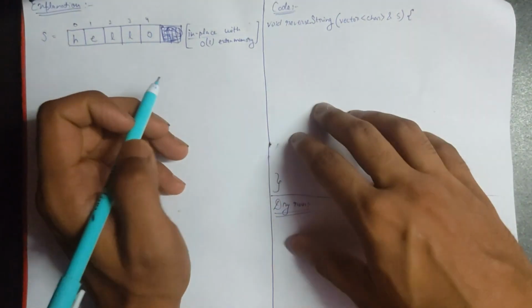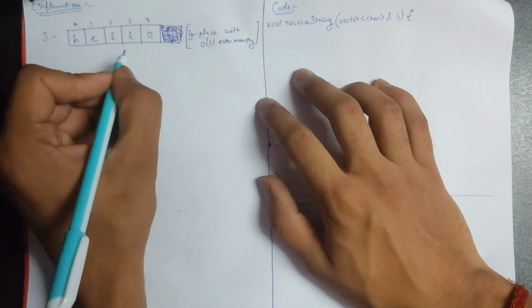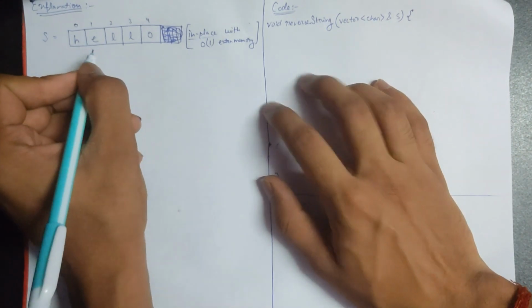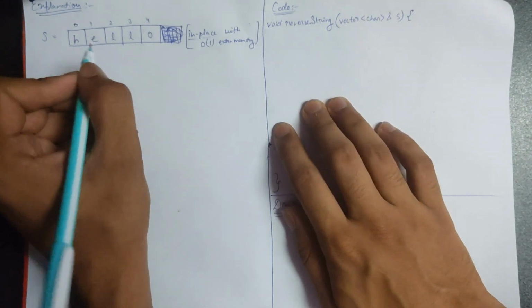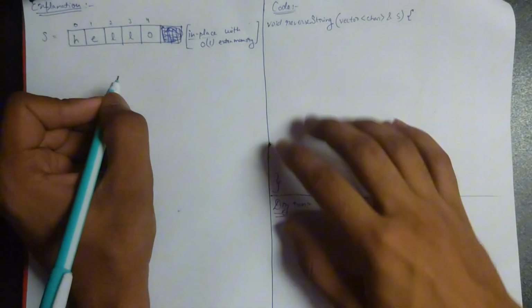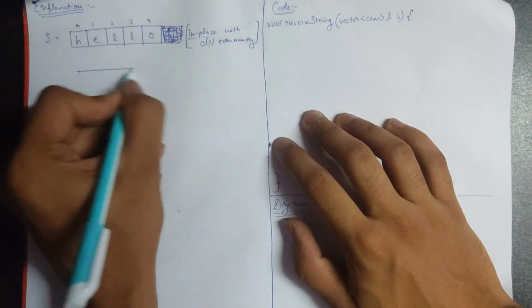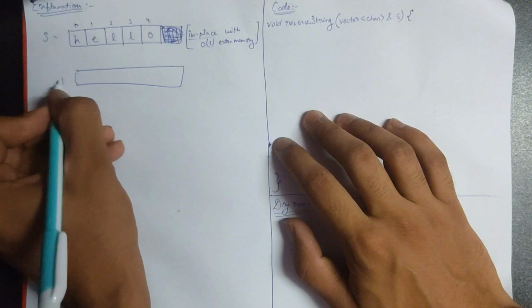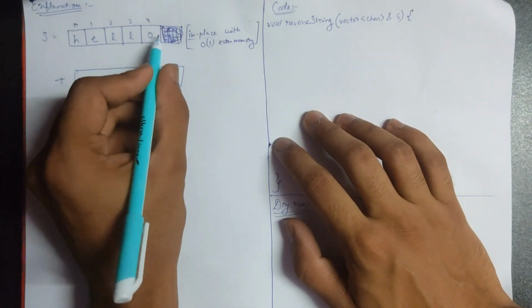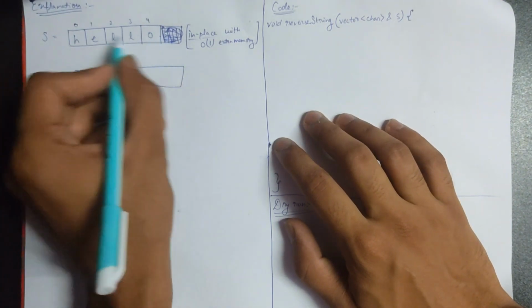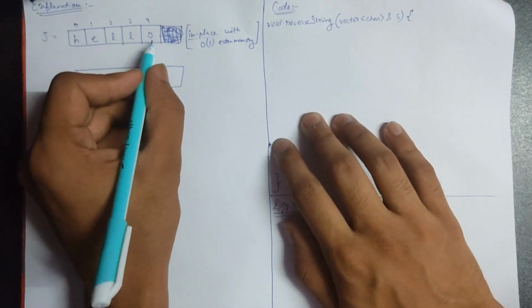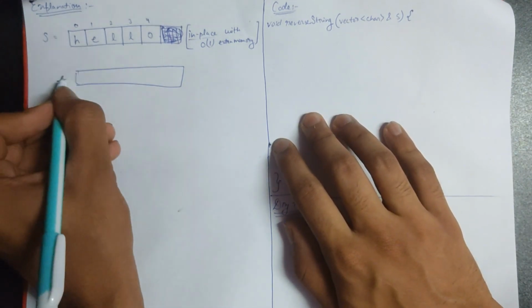So one simple approach is to just traverse the array from the ending to the starting and store all the elements in a new array, or a new vector of characters. Like we can take a vector t and traverse from this point to this point, from right to left, and insert all these elements in the new vector.